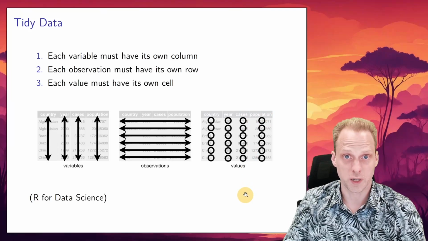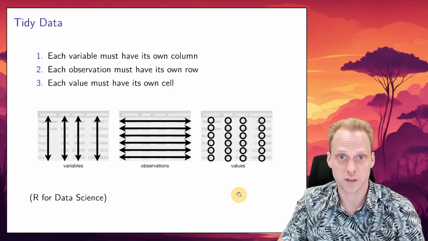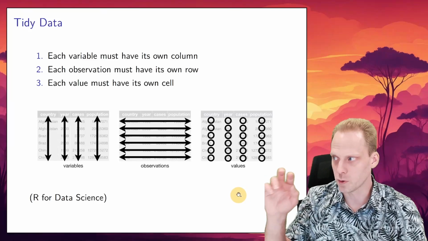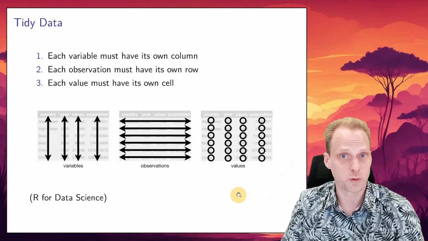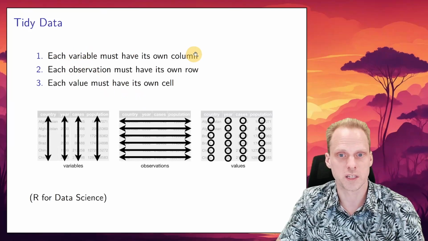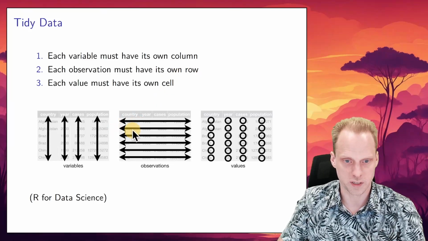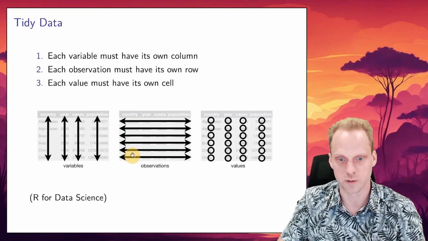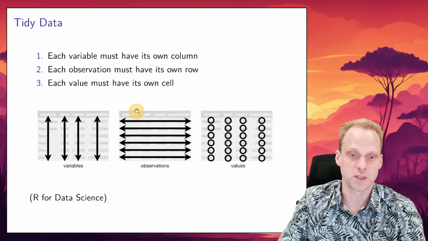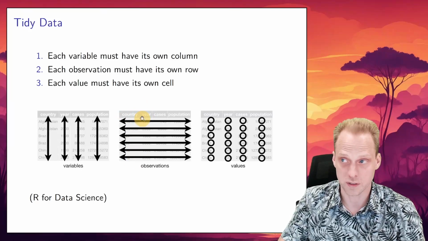Now, this is nice on paper, but we already see in this example that it's a bit harder in practice to really get your data in what we call a tidy format. Because it's not always clear what's an observation, what's a variable, and how we can nicely separate these in columns and rows. In this case, for example, we see Afghanistan twice, Brazil 2 times, China 2 times. So that means that country is not the observation, but rather country by year is the observation.